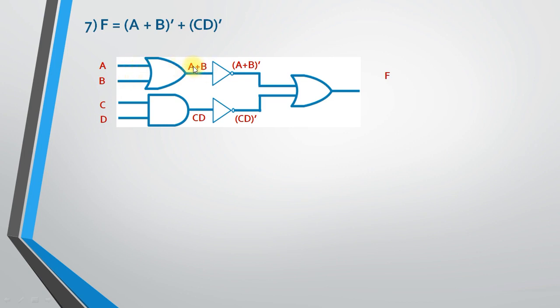That is not my requirement. What is my requirement? I want to apply the whole dash sign over here. And how is whole dash represented? After getting the value of A plus B, I need to invert it to make it whole dash. So in this diagram, we have learned how to represent whole dash in the figure.